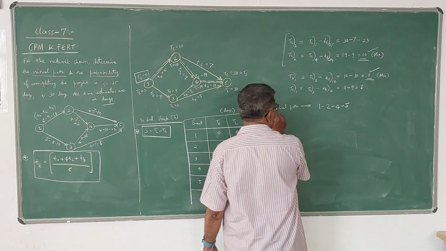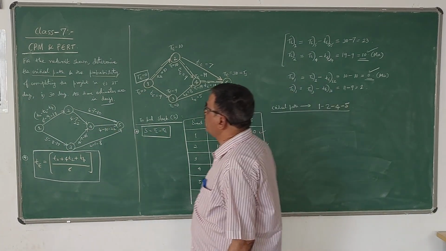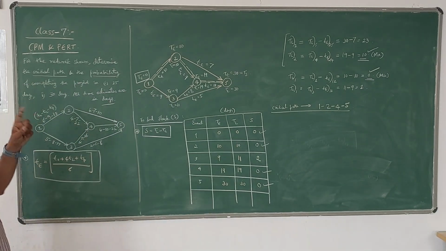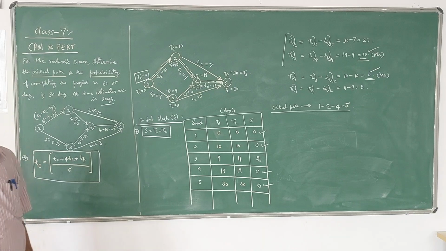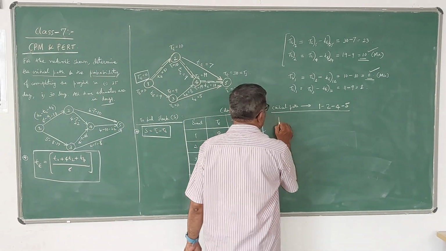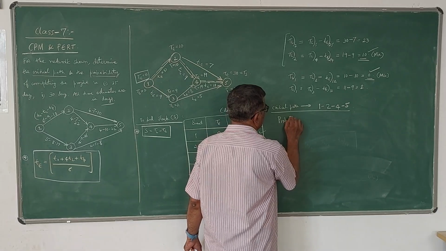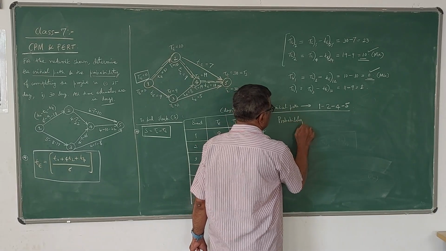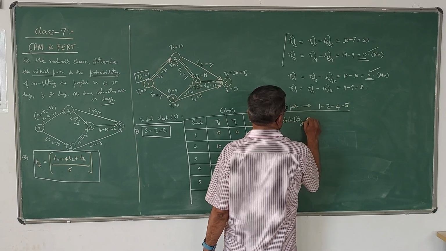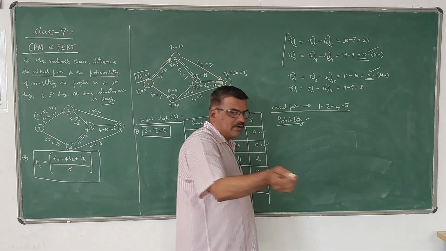Now one part is over. Now we have to find out the probability of completing the project in 35 days. This is the second point. You can do this using normal distribution. The normal distribution curve you can use for this, which you have studied in module 3.